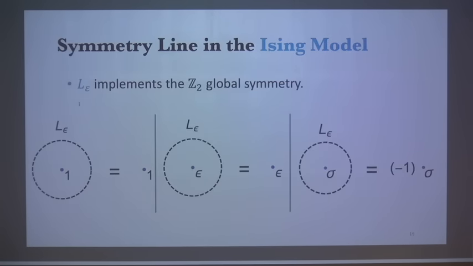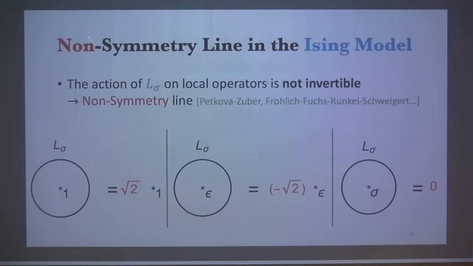So let's take a closer look at how these lines act on local operators. The L epsilon line, as we said, is the Z2 line, so it implements the Z2 global symmetry. It leaves the identity and the energy operator invariant, but flips the sign of the spin field. On the other hand, the non-symmetry topological line, L sigma, acts on the local operators in a funnier way.